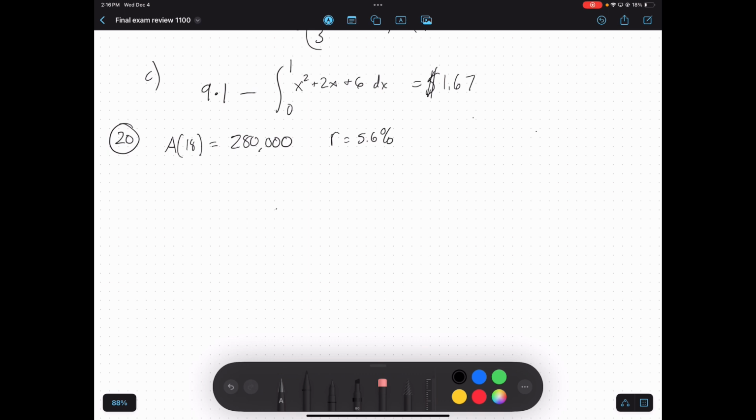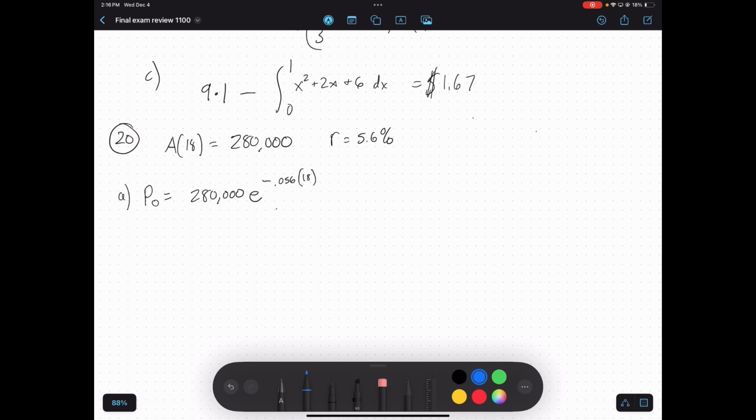First off, it asked me, okay, how much would I need to invest now? What's my present value if I want my future value to be 280,000? We've already talked about this, right? We covered this already. So P naught is just going to equal my 280,000 times e to the negative 0.056 times 18. Why negative again?